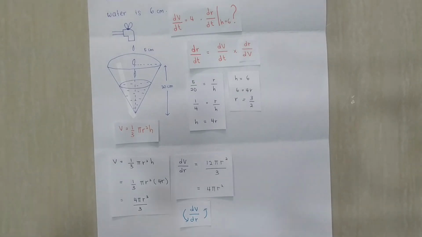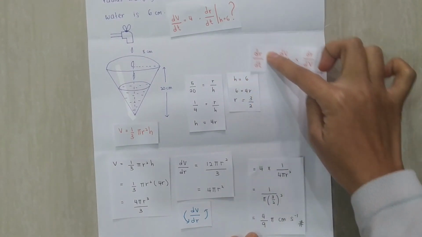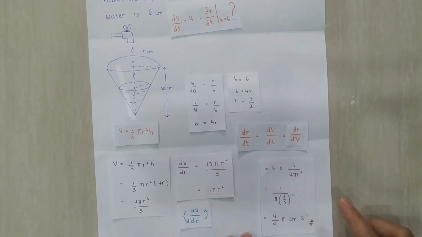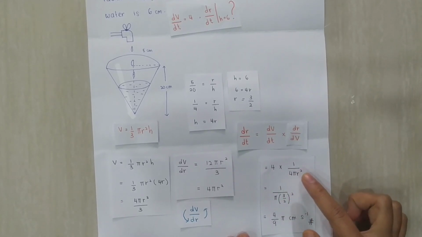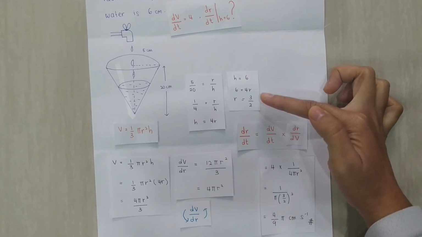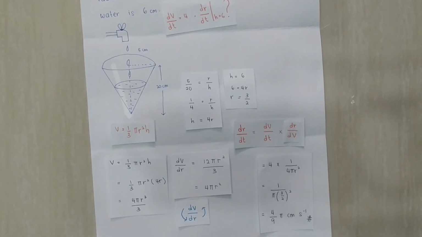Now you can just substitute into the formula. dr over dt would be 4 multiplied by 1 over 4 pi r squared. We have r equal to 3 over 2 when the height is 6. So you get the answer 4 over 9 pi cm per second.